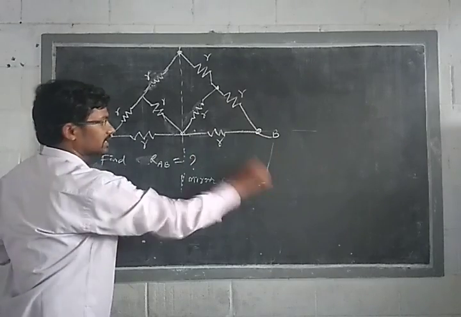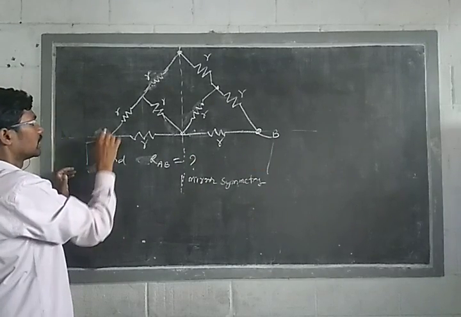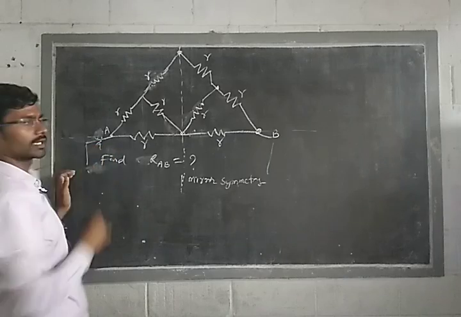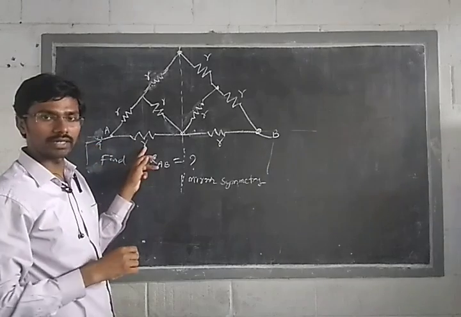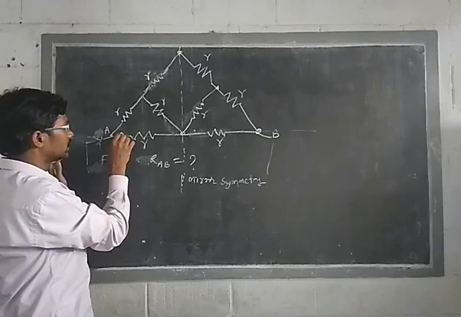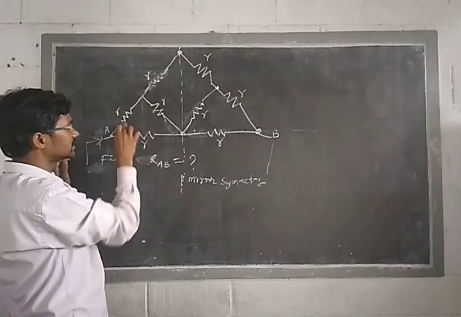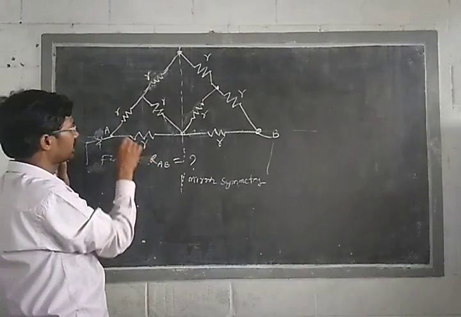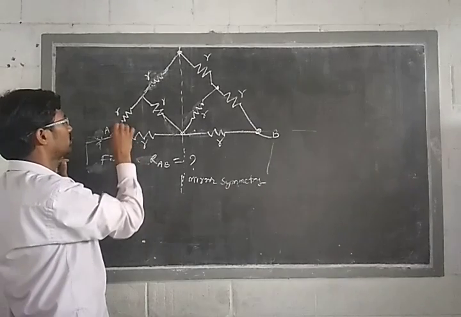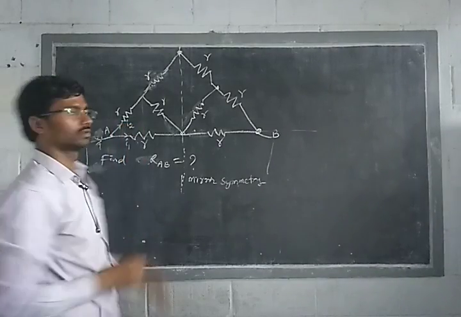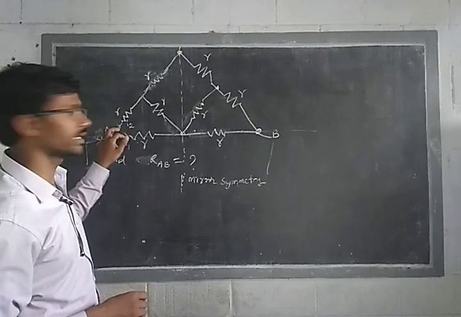So when we have mirror symmetry, then between A and B, if you connect the battery, a current I flows here. Look at this one: here R and R, this is R, this is R. That means the same current flows here. The current will be divided into I1 and I2.